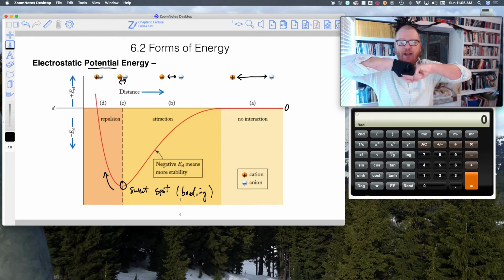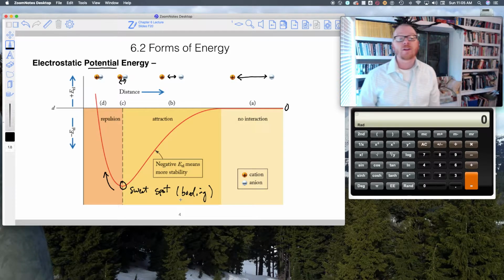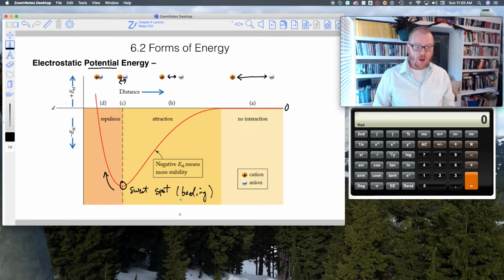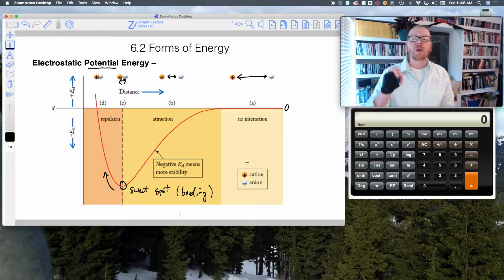Okay? So eventually, if we try to push things too close to each other, they will repel. All right? So that's our sweet spot based on the electrostatic potential. This is true for ionic compounds, but this is also true for covalent compounds as well. So there's a sweet spot based on electrostatic potential of covalent compounds.